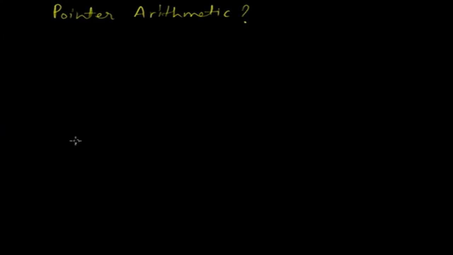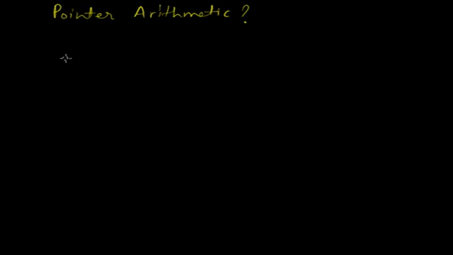Okay, now let us jump to another concept, pointer arithmetic. Now pointers are numbers, right? Addresses are numbers, and you can apply maths to numbers, right? So you can also apply arithmetic operations to pointers, but there is a little difference.